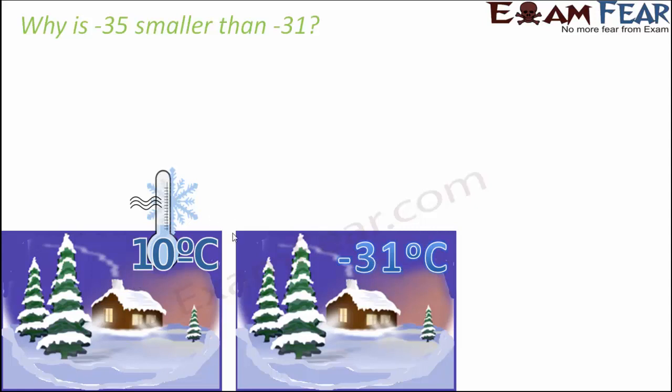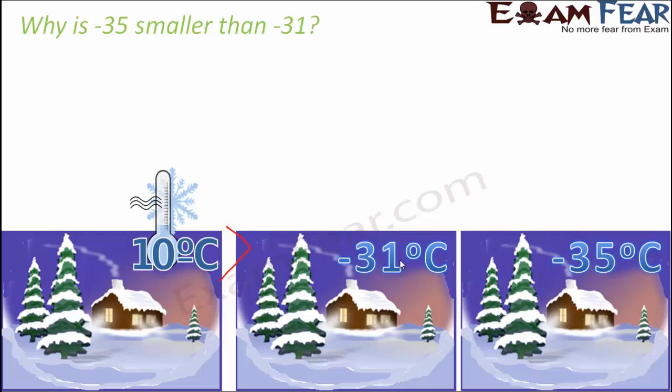So what has happened? 10 degrees to minus 31 degrees. 10 degrees was more. Minus 31 degrees is a lot less than 10 degrees. So basically 10 degrees is greater than minus 31. Now if there is even more snowfall, the temperature might even drop to minus 35 degrees.